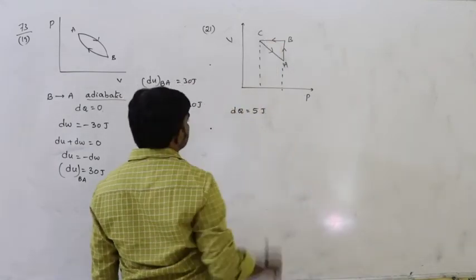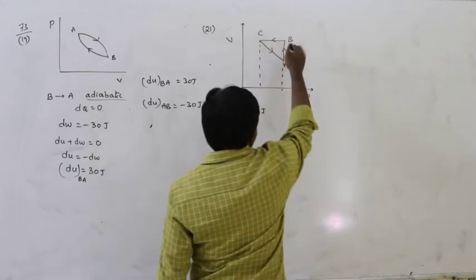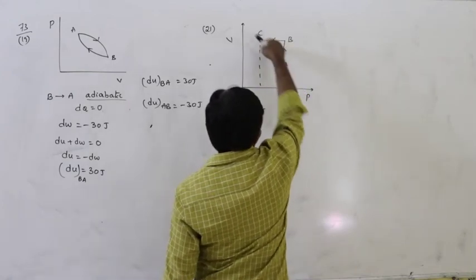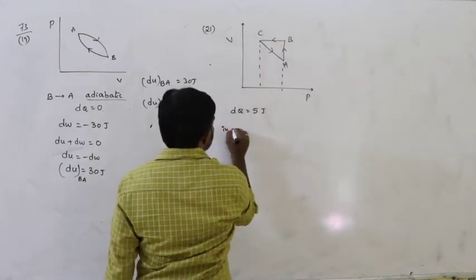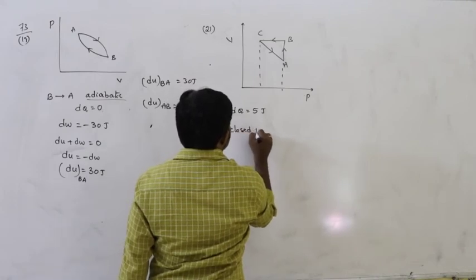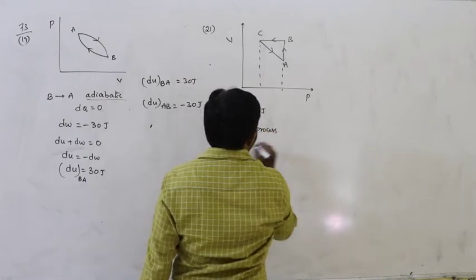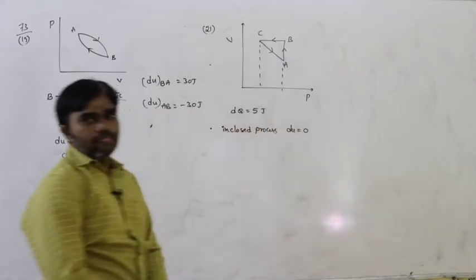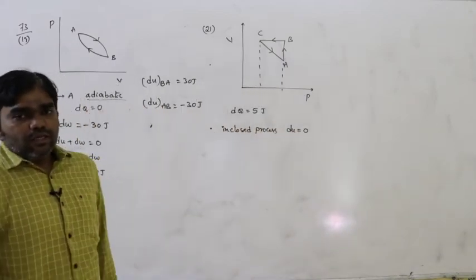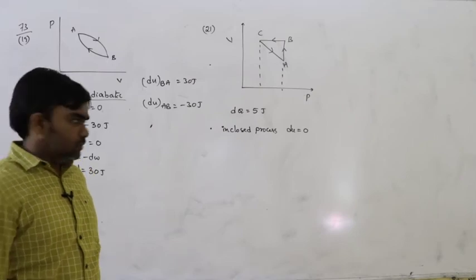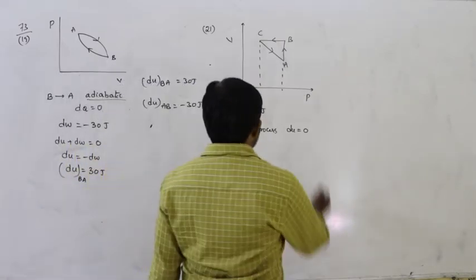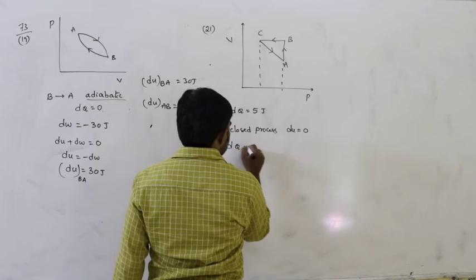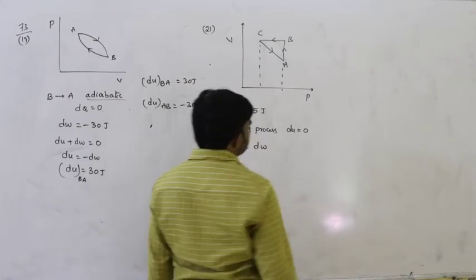Now this is a closed process, starting from A to B, B to C, C to A. In a closed or cyclic process, whatever it is, the change in internal energy must be 0. That means total heat supplied must be equal to total work done.